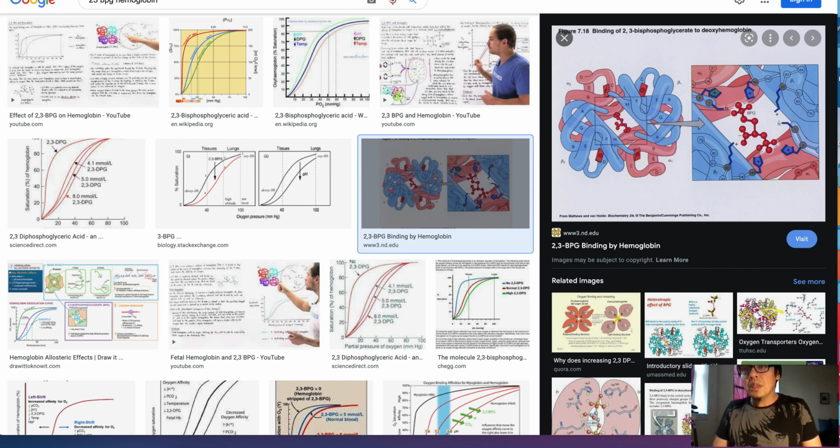But the 2,3-BPG, recall, in the situation where oxygen isn't present in adult hemoglobin, you have a pocket of a positive charge in the center of the four subunits of the hemoglobin molecular complex, the alpha 1, beta 1, alpha 2, beta 2.